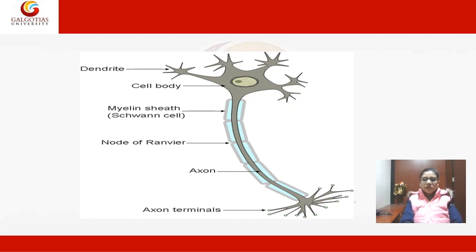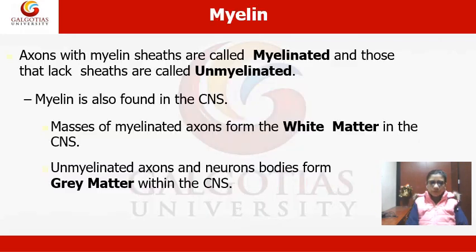So Schwann cells are the ones making the covering of this axon. This myelin sheath is made by Schwann cells. Next, you can see these are axons, and in between there is a notch or gap. This gap is known as the nodes of Ranvier. And if you come down, in the last you will see star-like projections. This is known as the axon terminal.